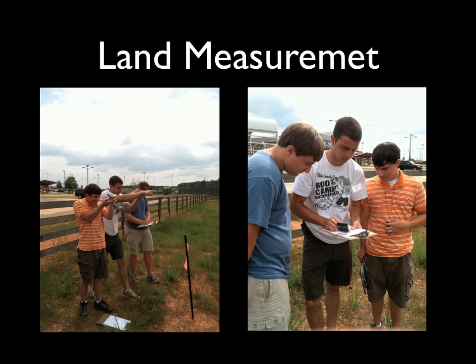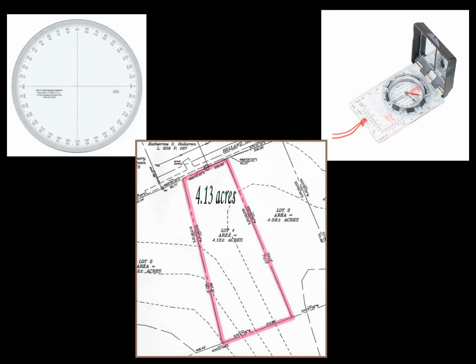And once they determine that, they go and they draw it out on a piece of paper with a 360-degree compass as well as an engineer scale, and they come up with a product. Then the end result is pretty much that bottom picture there with the pink around it. It's not that sophisticated, but this really just finds a skeletal drawing of that plot of land.